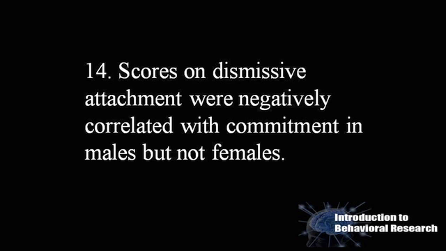Very good. Number 14, scores on dismissive attachment were negatively correlated with commitment in males, but not females. Interpretation, conclusion. Yep. Interpretation is more like suggest that blah, blah, blah, but it's more like conclusion, right?